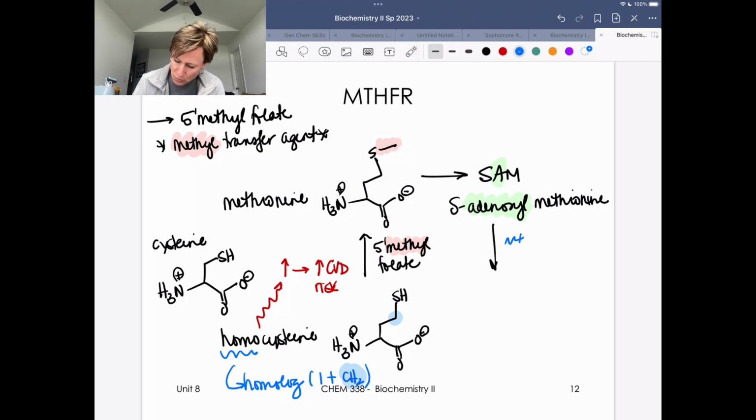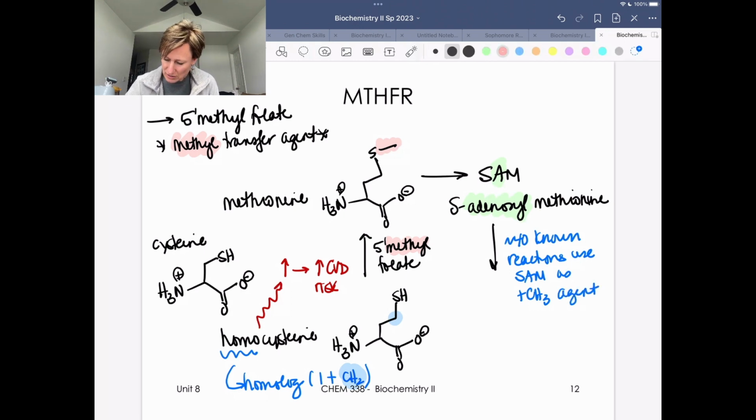So about 40 known reactions use SAM as a methylating, or plus methyl group, agent. Again, methionine is essentially going to be transferring that methyl group because we have S-adenosyl methionine.